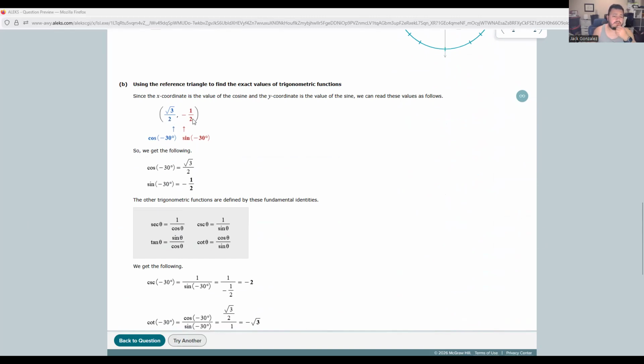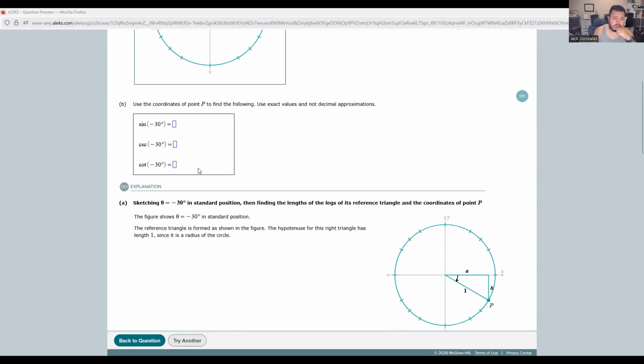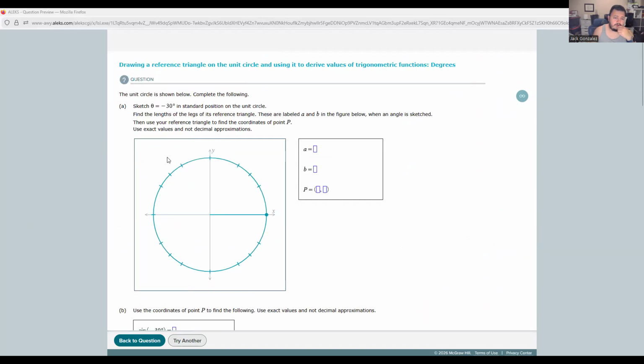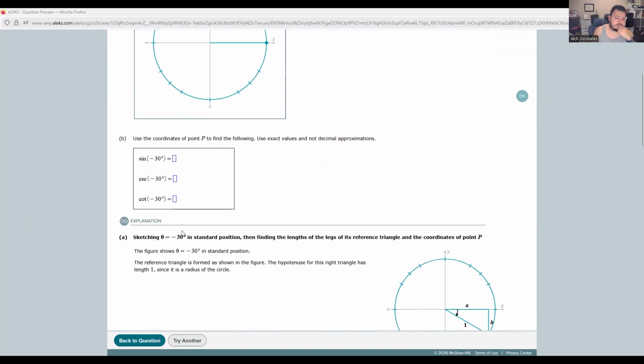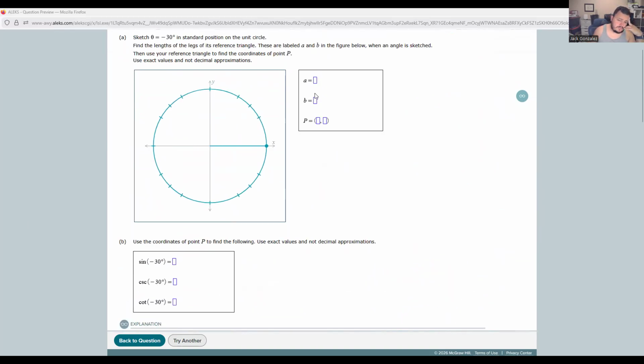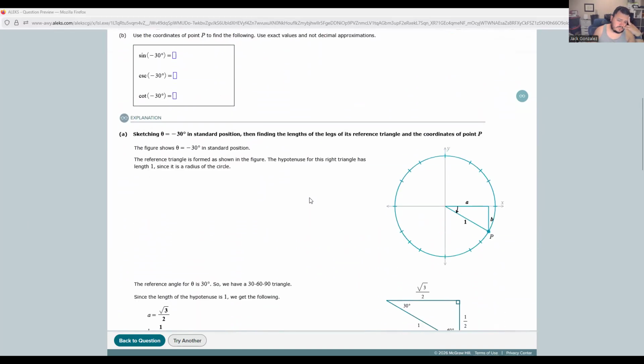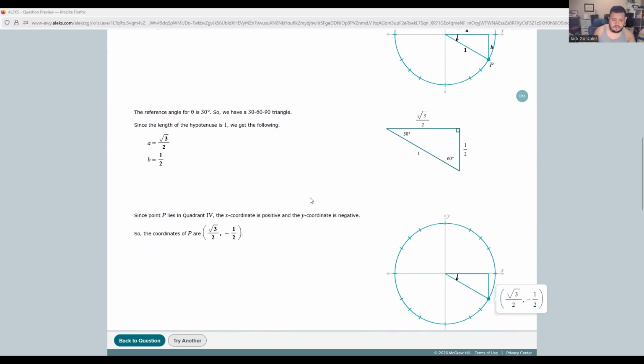What is sine of negative 30? Find the location on your circle, and you pretty much have all these right here. A, B, and then the sine, cosecant, cotangent are going to come from the A's and B's. So it's all the same, presented in different ways. The unit circle, where it came from, are the triangles. Solving for the triangles is what created the circle. But I'm not having you memorize the circle or build it. So just have that at the ready. Have your circle.